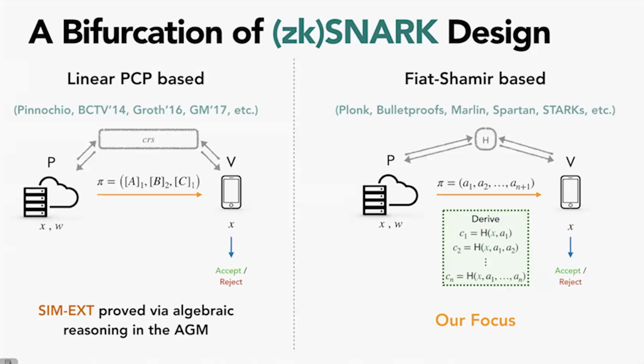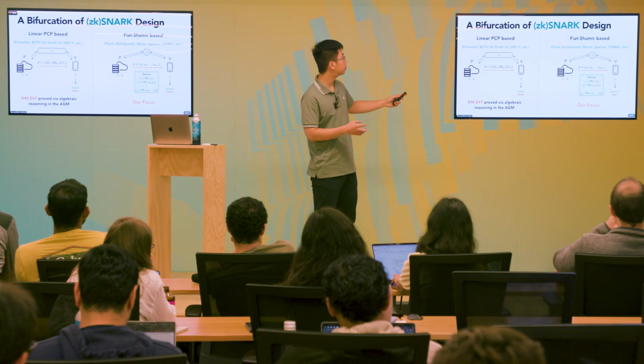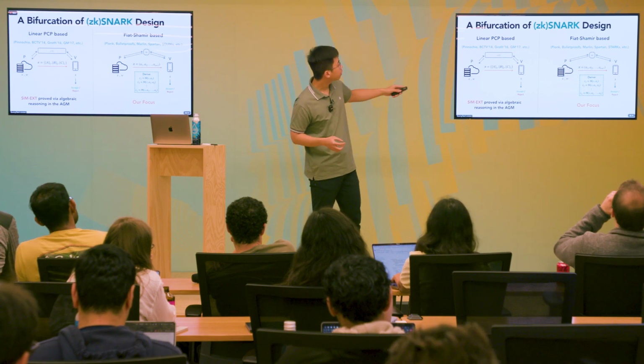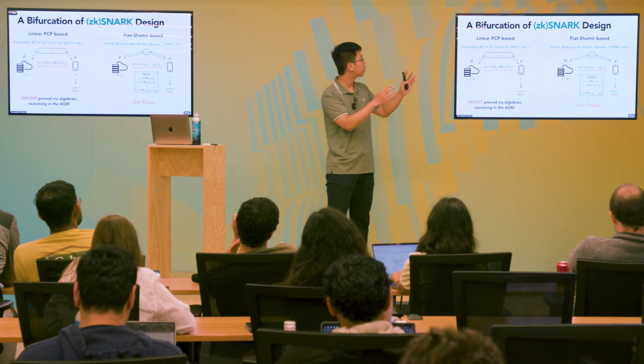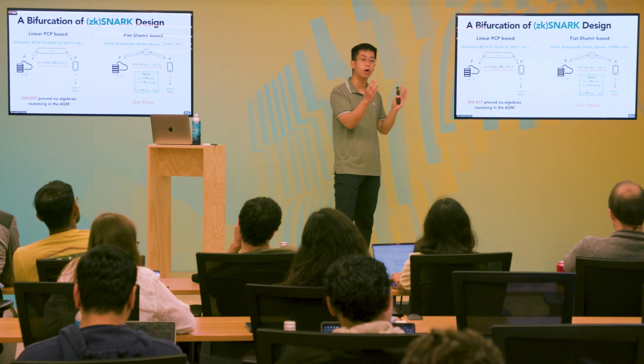The prover, knowing the witness, will take some elements from the CRS and craft a proof consisting of some group elements. Whereas in the Fiat-Shamir-based SNARKs, the two parties actually use a random oracle, and originally there is some interactive protocol with the verifier challenges being all random.